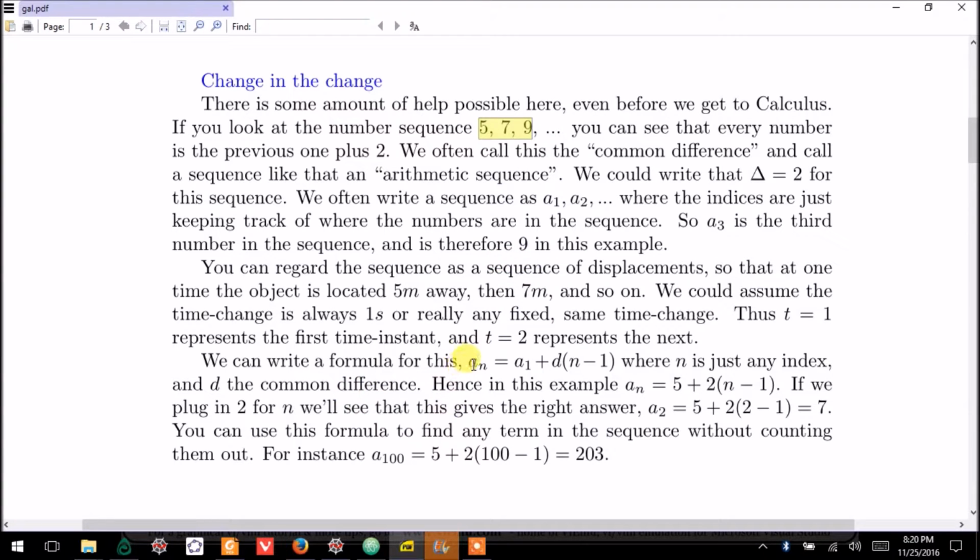And in high school, you may recall a closed form formula for an arithmetic sequence, which is a sub n equals a sub 1 plus (n minus 1) times d. A sub 1 just refers to the first term, and a sub n refers to any term. So if I chose n equal to 3, then I'd be talking about the third term, which is equal to 9 in this example. Now, d is the common difference in the high school version of the formula. I'm choosing to call that delta. So in this case, since delta is equal to 2, d is equal to 2.